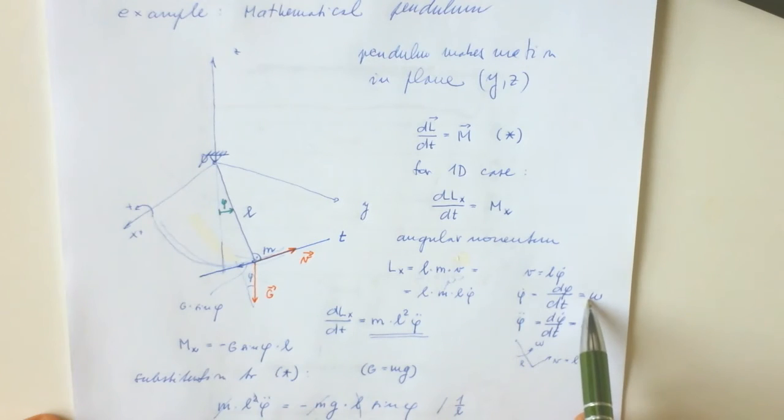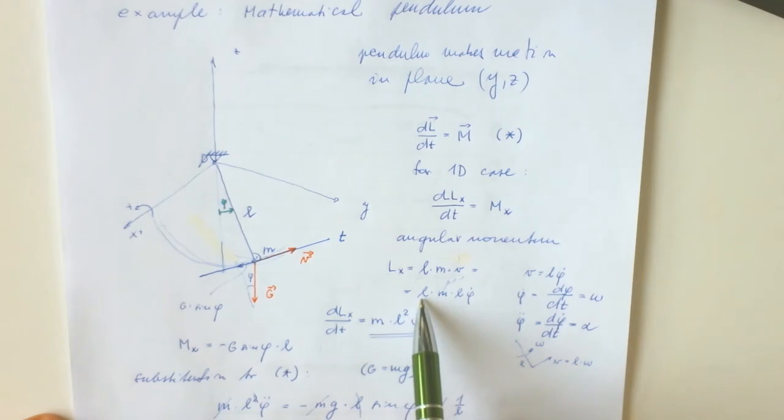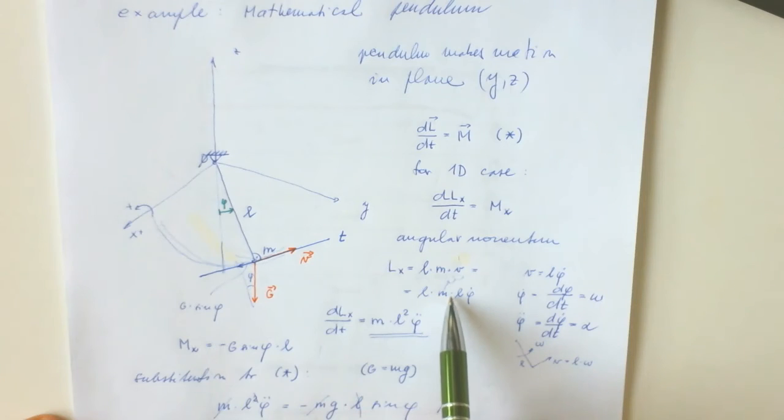Angular velocity is usually denoted as omega, and it is the derivative of the angle with respect to time. So we can write Lx is the radius L by mass m by L by angular velocity, where this is velocity v.